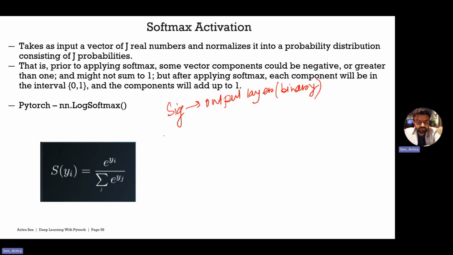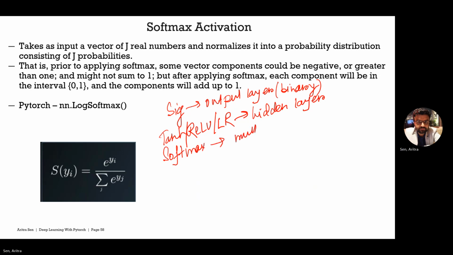Then TanH, ReLU and leaky ReLU, we generally use at the hidden layers. And Softmax we use when we are doing multi-class classification.